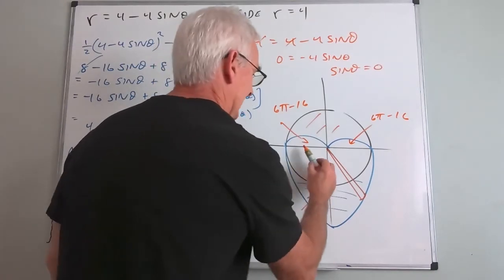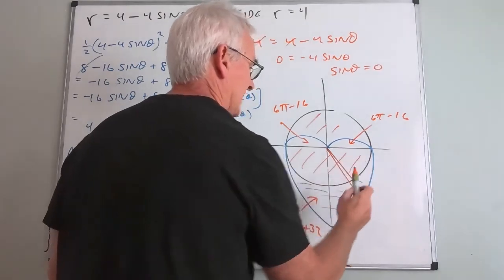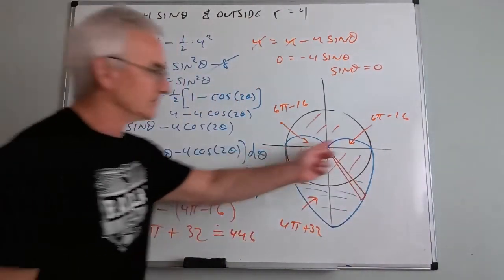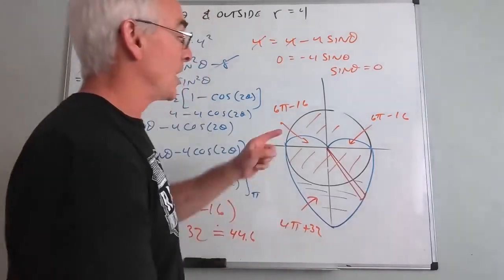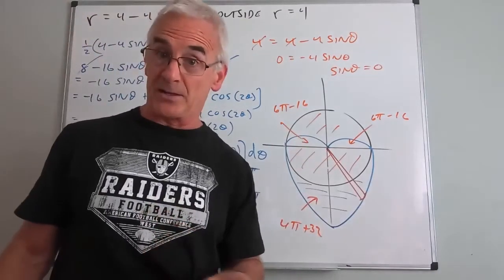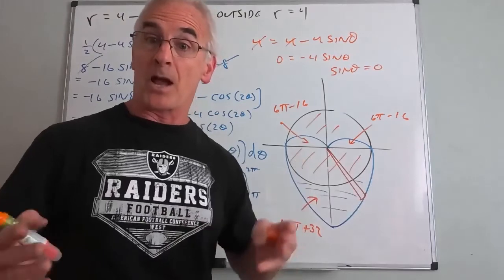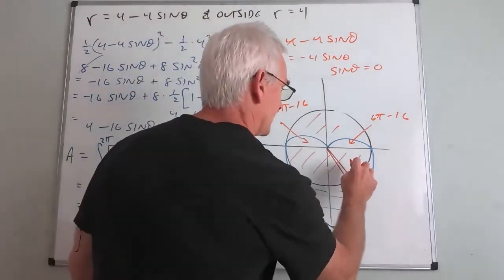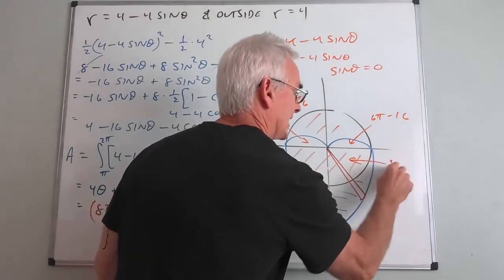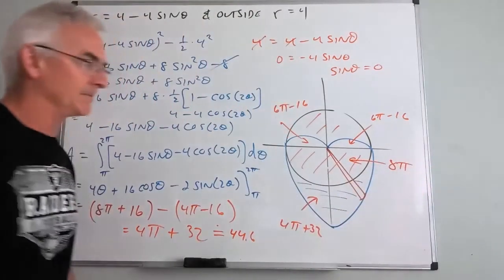And by the way, isn't this piece here exactly half the circle? That's the semicircle. That is a circle of radius 4. Now, a circle of radius 4 has area pi times 4 squared, or excuse me, 16 pi. Do you all agree that this area here should therefore be 8 pi? Is everybody cool with that?